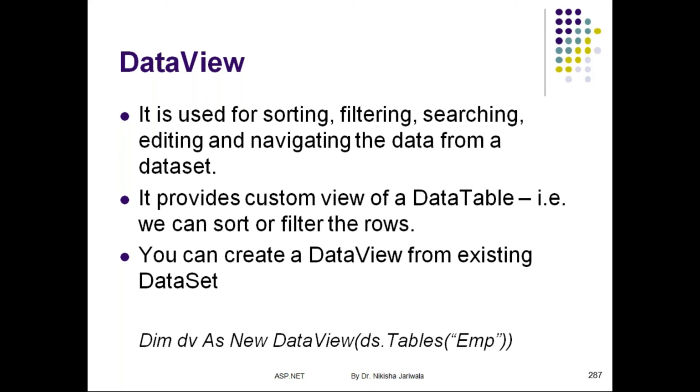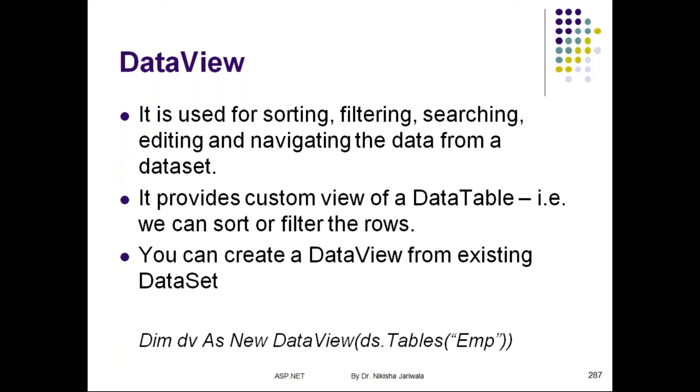For example, if we consider an employee table, there are 10 records within the employee table, and from those 10 records, 7 records are, for example, of non-teaching staff, and 3 records are of teaching staff. And if I want to give the user access to only the records of non-teaching staff, then I can create a data view from that data table.